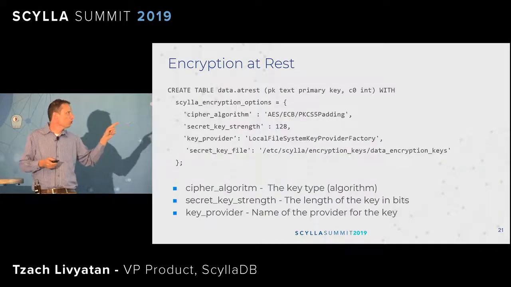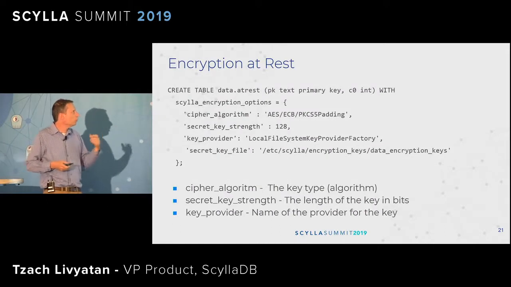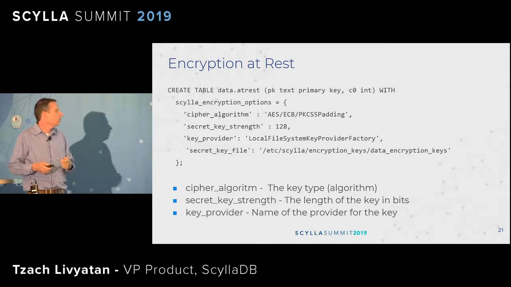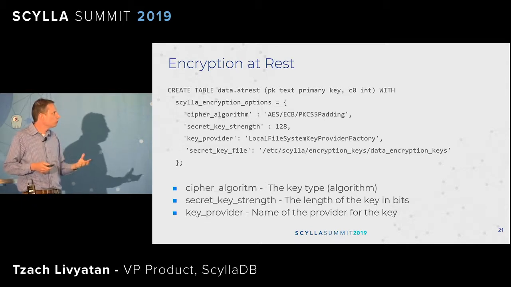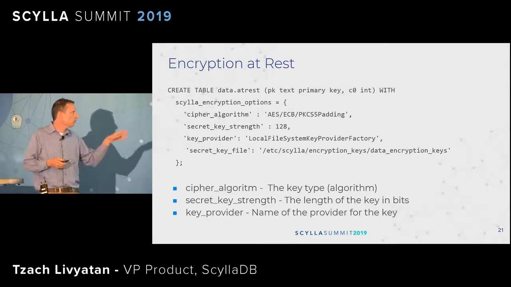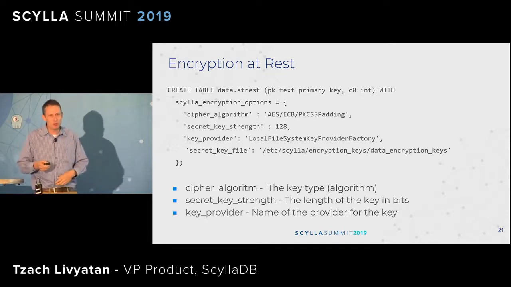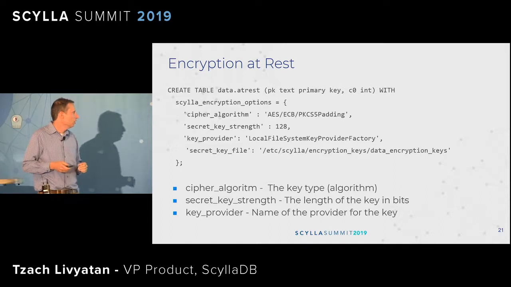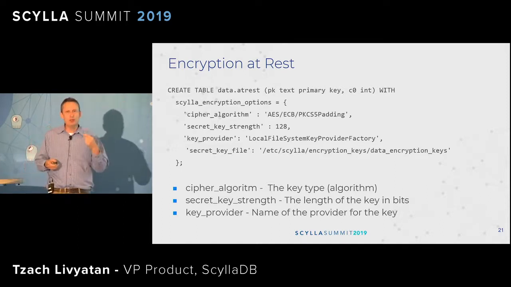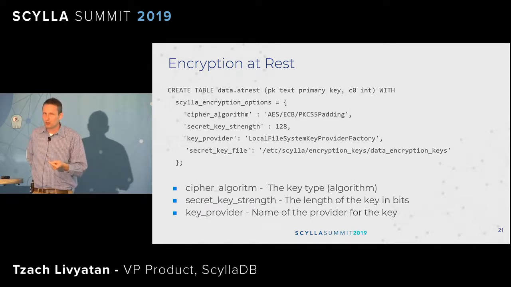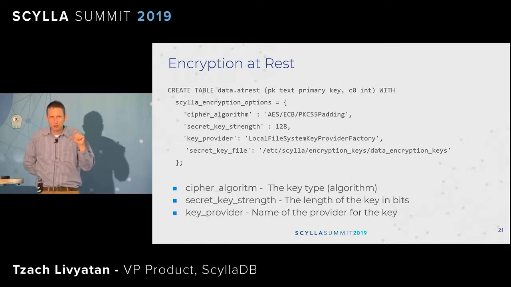This is how you encrypt SSTable. When you create a table, as part of the schema, you specify what algorithm you want to use, what key you want to use, and the key provider. The key provider, I have a slide just on that, so I'm not going to spend time on it now. And once I do that, every new SSTable written to disk will be encrypted. Now, this is an important thing you need to understand.